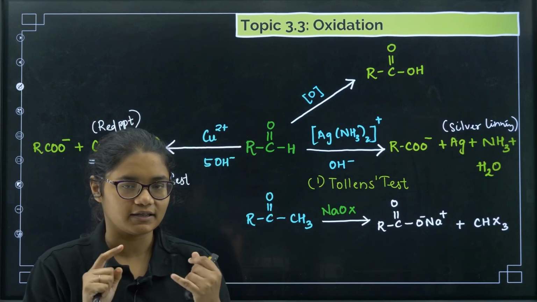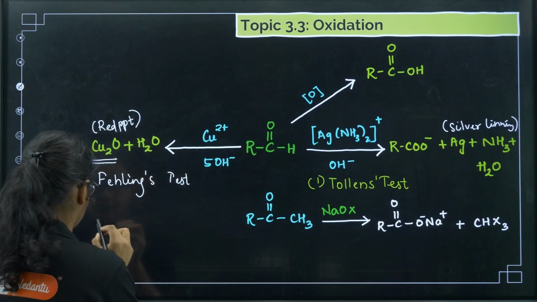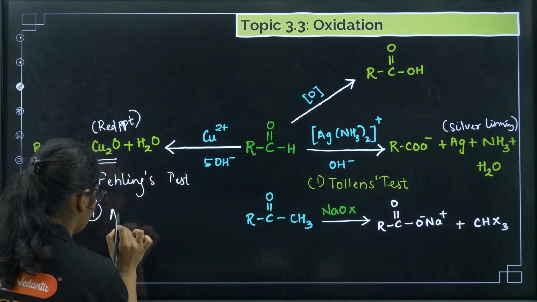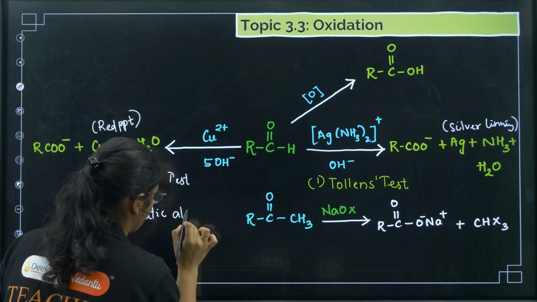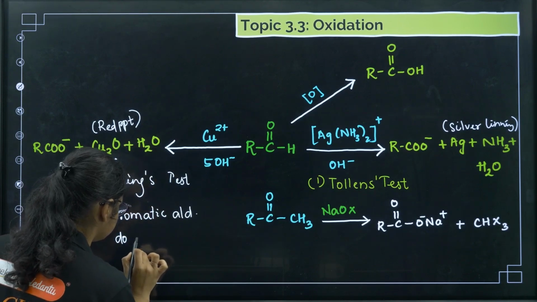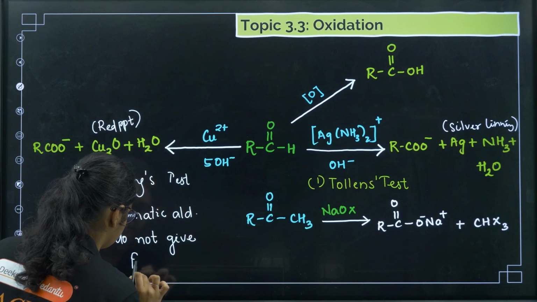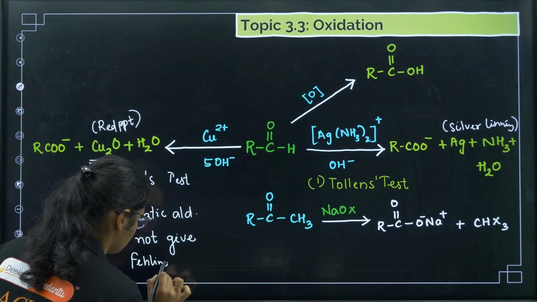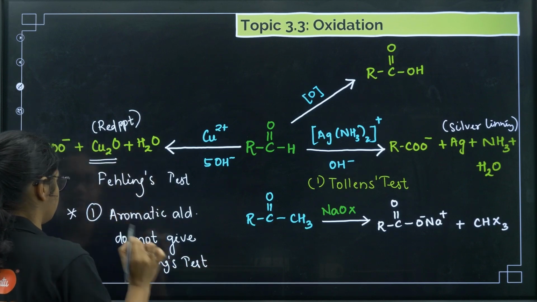So aldehydes can give you Tollens test and Fehling's test. But with Fehling's test there is a thing that you should remember, that aromatic aldehydes do not give Fehling's test. This is important and must be remembered.